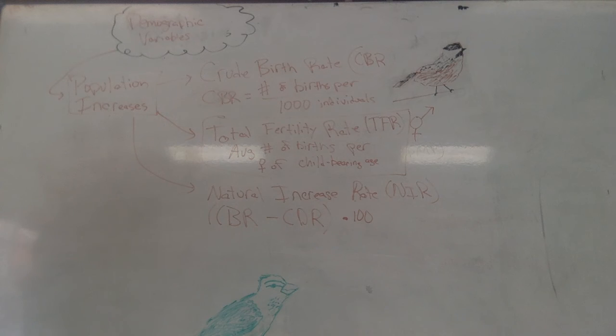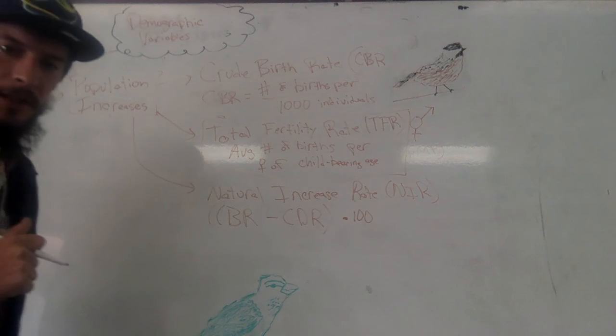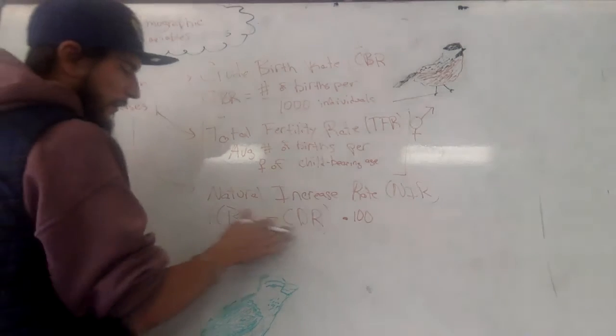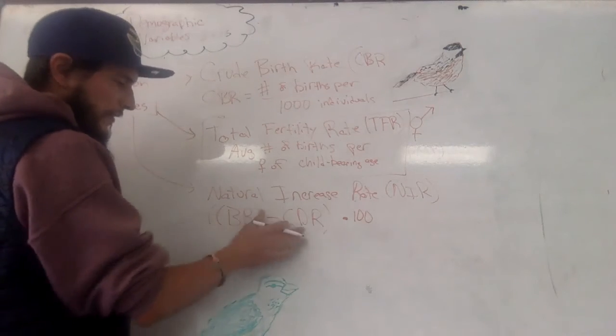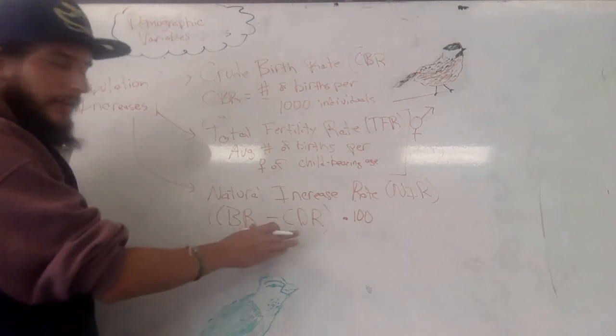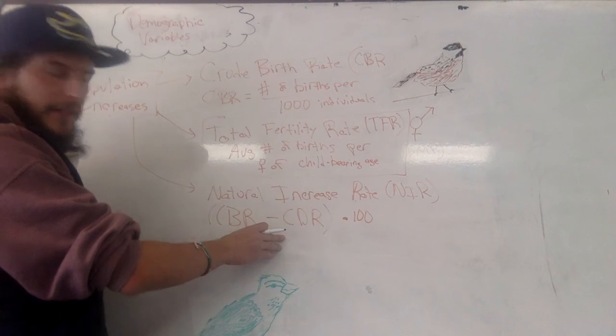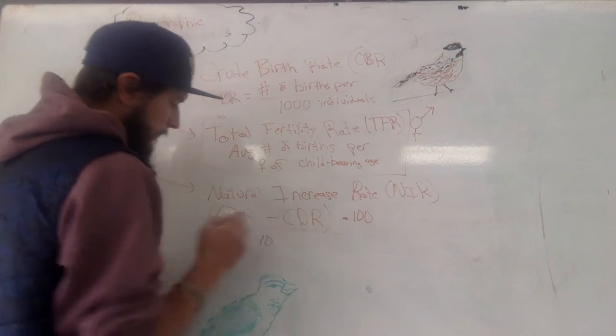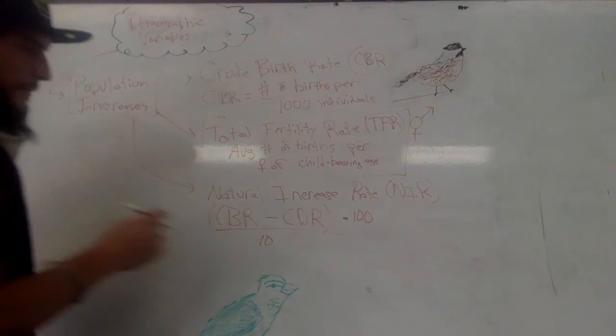Actually, before we multiply it by 100, we should consider the fact that these are both per 1,000 population. So since we've included that per 1,000 people, we're actually going to divide this value by 10 and then multiply by 100.